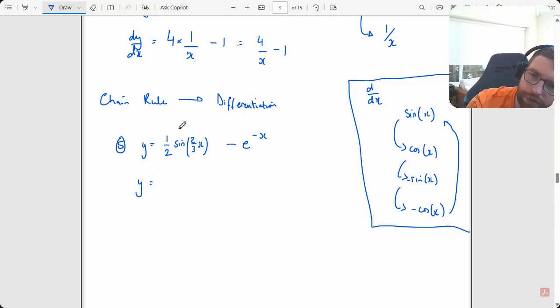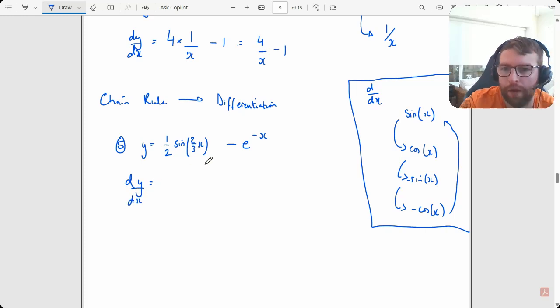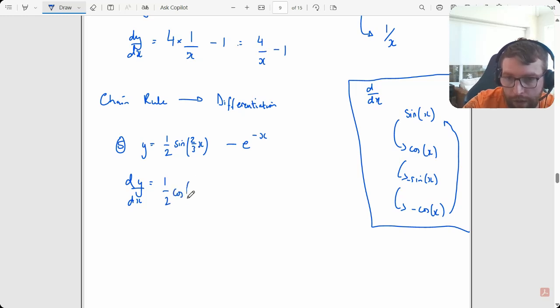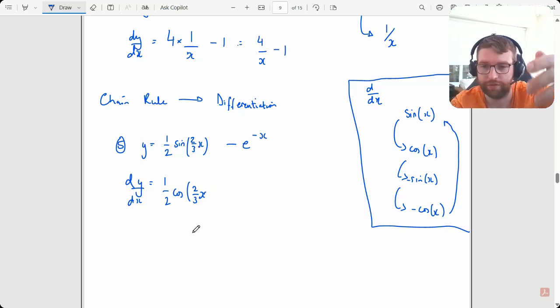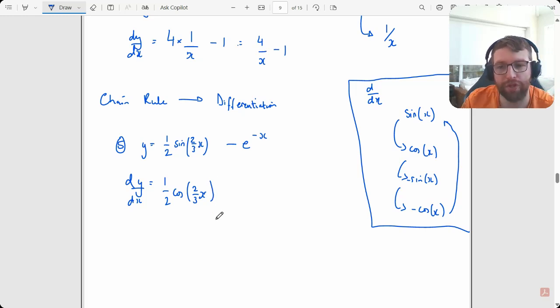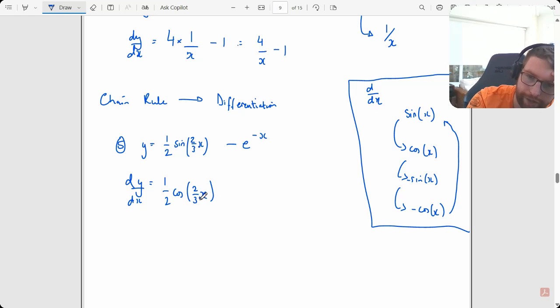And so when we go to this and differentiate, we're going to change it to a cos 2/3 x, right? So it's completely different to the other stuff we've just done. But the chain rule means then you differentiate the inside of that bracket.